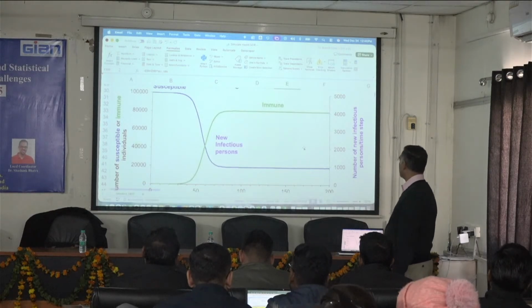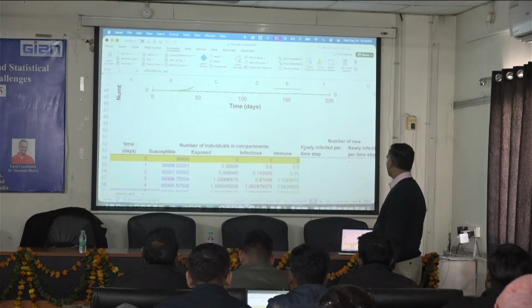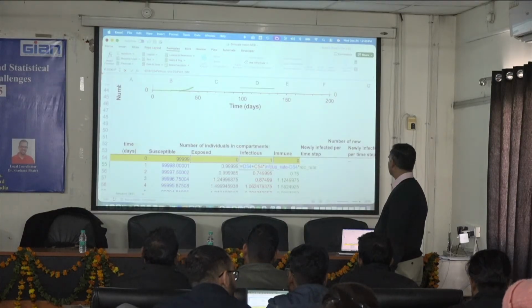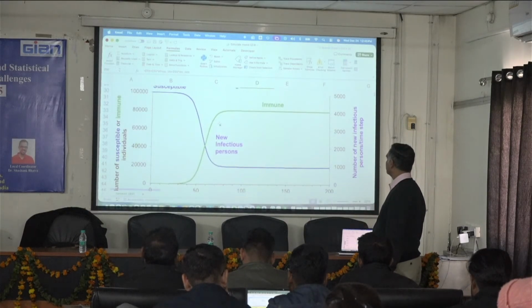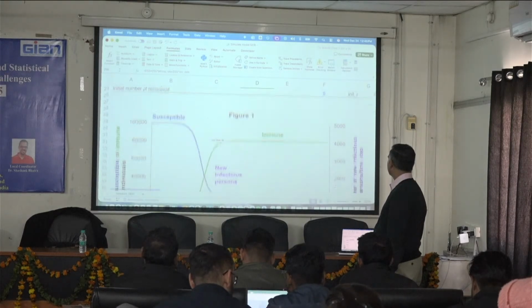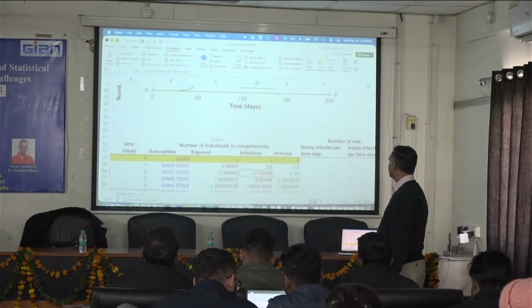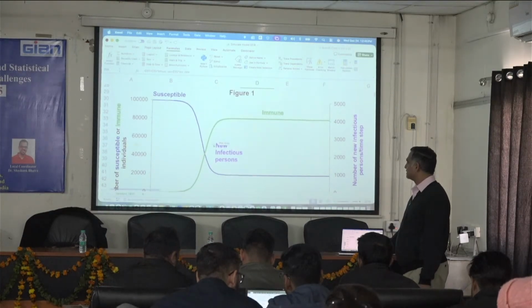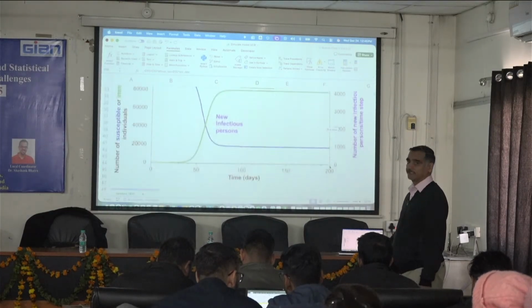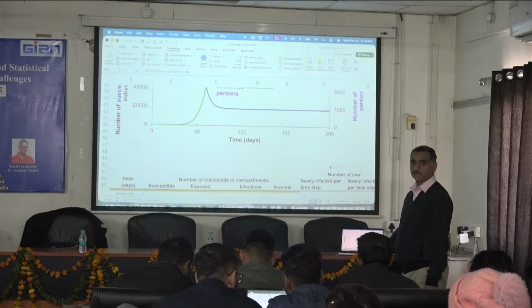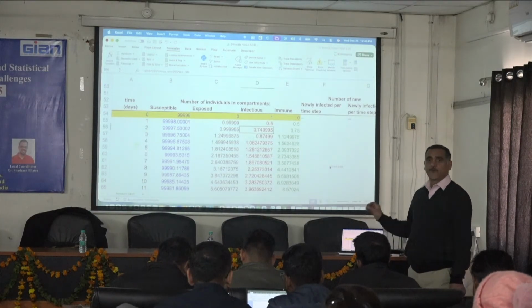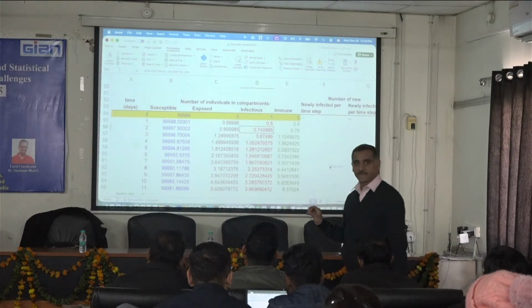And what happened to the I1? Somehow I messed up the I. Okay, somehow it is messed up that I am not seeing the I compartment. So I have to check for it. But you see, it is plotting now the susceptible and recovered for 230 days. Right? It's very simple to work with like this in Excel.